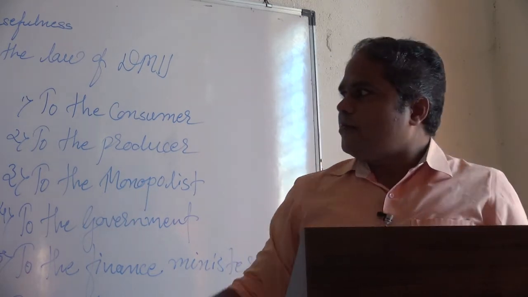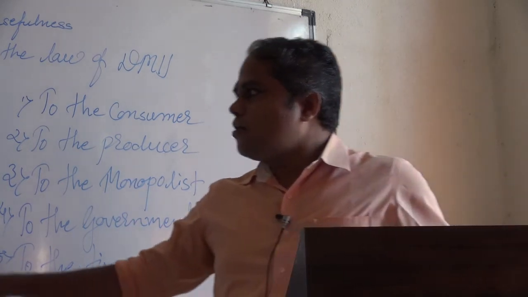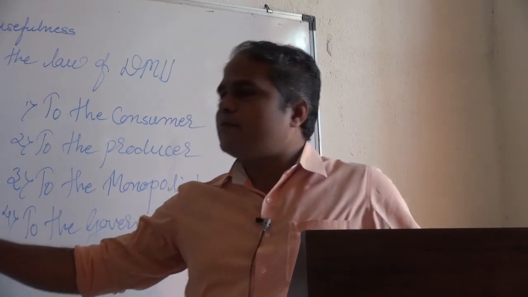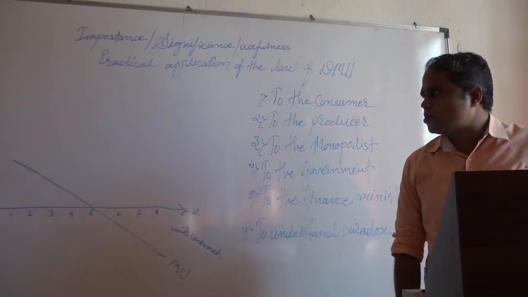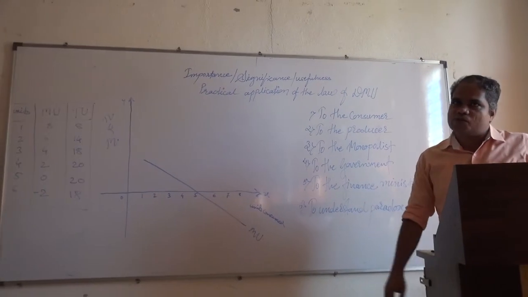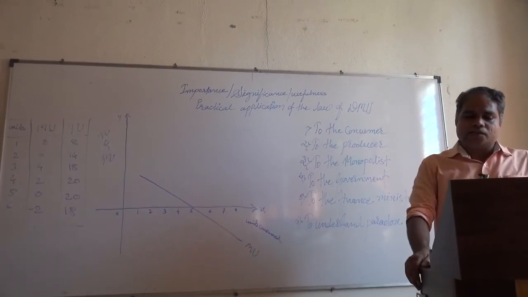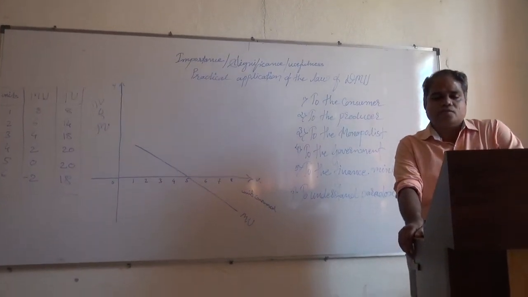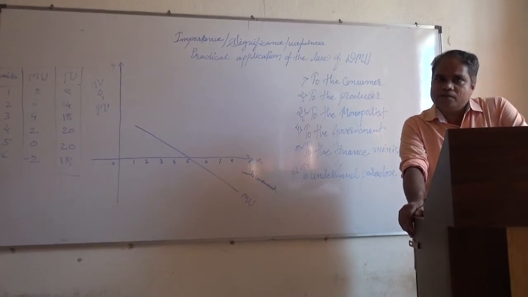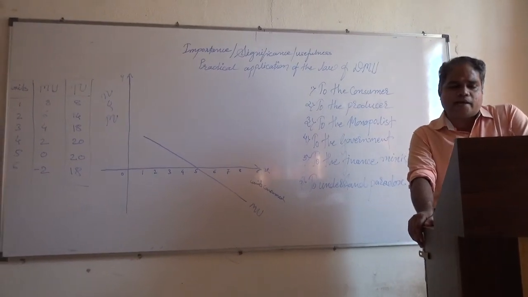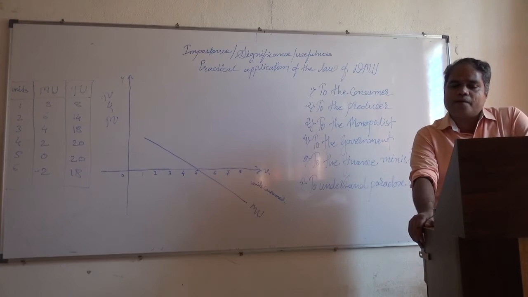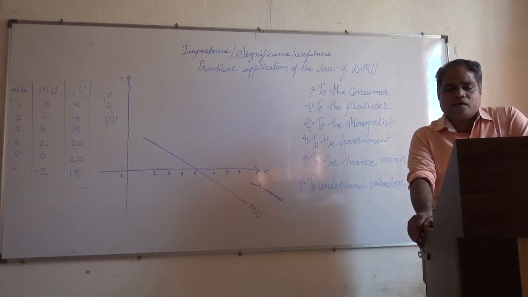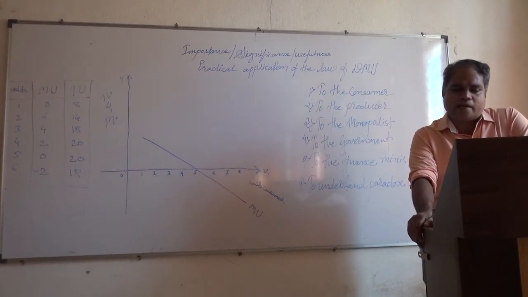So, we have already discussed that with an increase in the stock of a commodity consumed, its marginal utility goes on falling. This law is helpful to the consumer because by consuming more and more units of a commodity, satisfaction starts to decline.